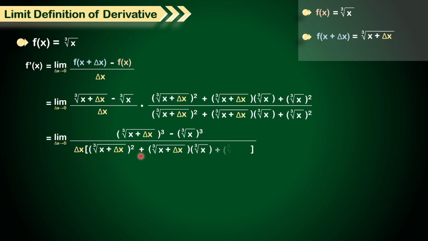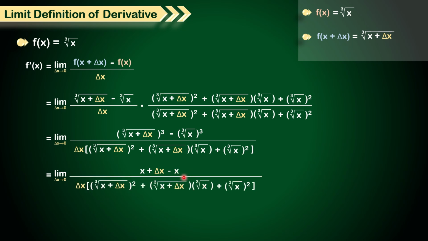Get the cube of each term. We have the limit of the cube root of x plus delta x, which is simply x plus delta x, minus the cube root of x, which is x, over the entire denominator. Combine similar terms.